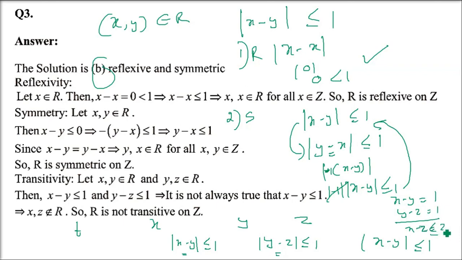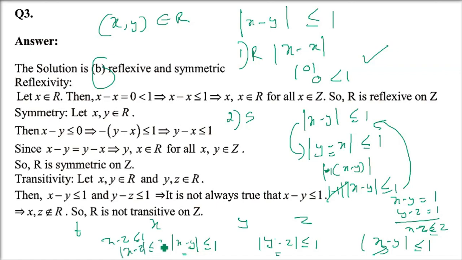Now, with less than or equal to, I'm just taking a kind of way we can understand this. x minus z is less than or equal to 2. It is not less than or equal to 1 still. So we know that this is not transitive on Z. Since there is a gap from 1 to 2, because previously x minus y was less than or equal to 1 and y minus z was less than or equal to 1, but what we are getting here is x minus z less than or equal to 2.